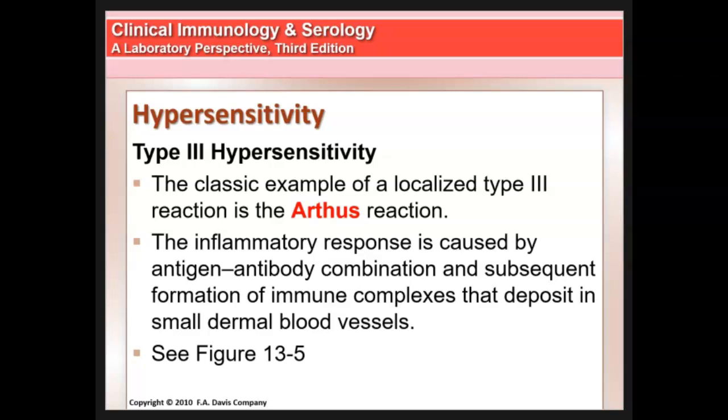The classic example of a localized type 3 reaction is the Arthus reaction. And this inflammatory response is caused by antigen-antibody combination and subsequent formation of immune complexes that deposit in small dermal blood vessels.